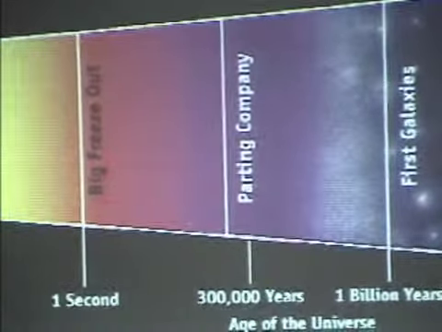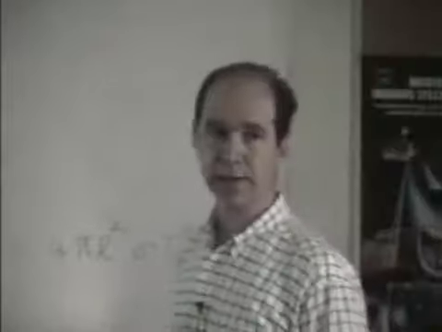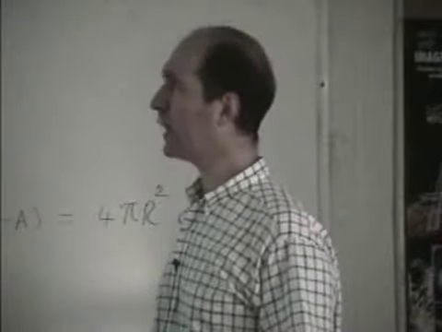The universe was just full of hot gas, hot enough so that it was ionized. Most of the universe is made of hydrogen gas, so we have this picture of nearly uniform, hot, ionized hydrogen plasma.